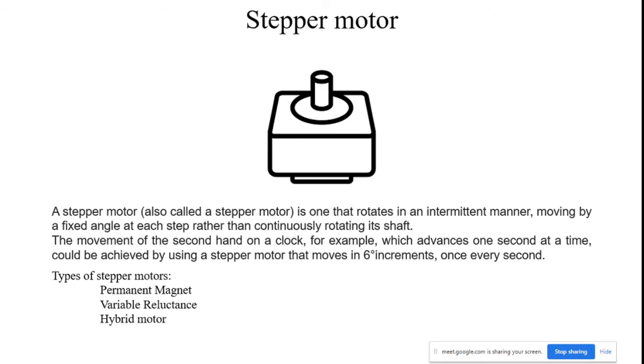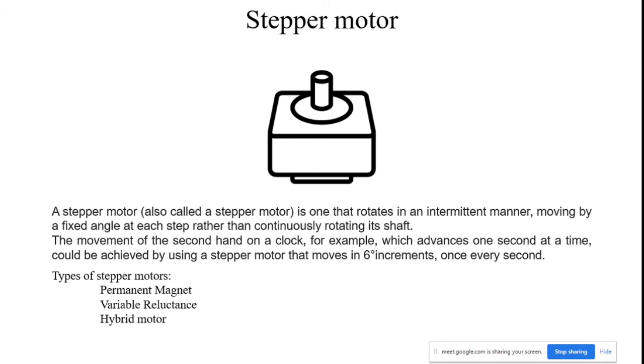The movement of the second hand on a clock is an example of a stepper motor. If you consider the wall clock, the needles move by step motion. In the same manner the stepper motor is actuated. For example, a clock which advances 1 second at a time could be achieved by using a stepper motor that moves in 6-degree increments.